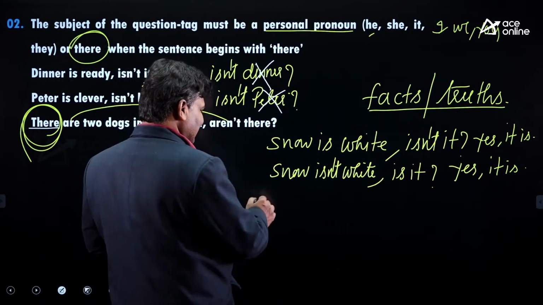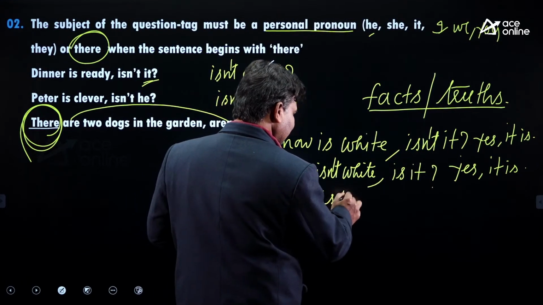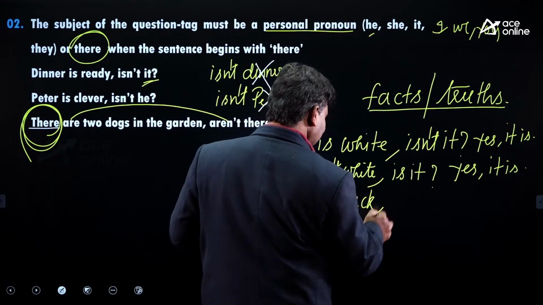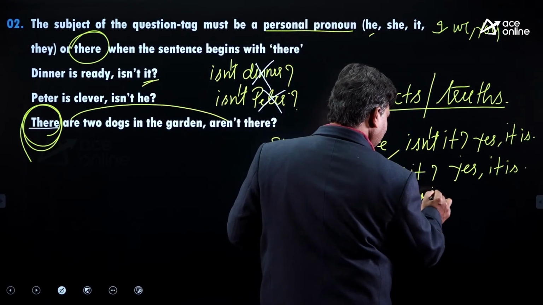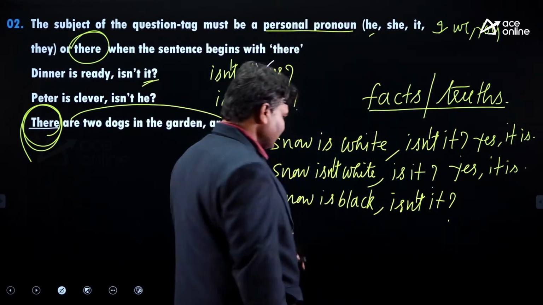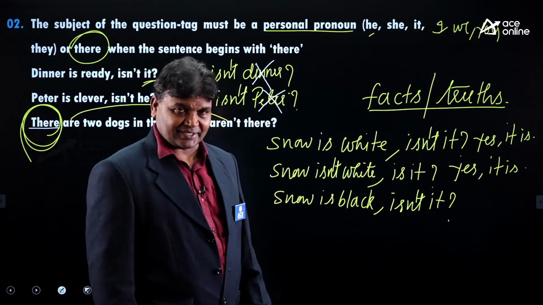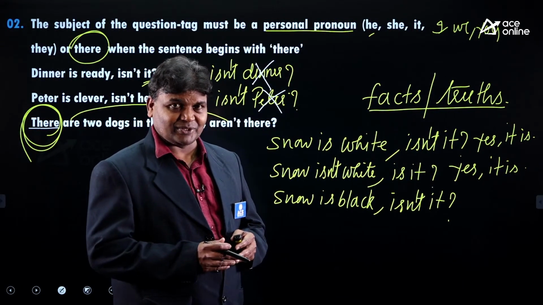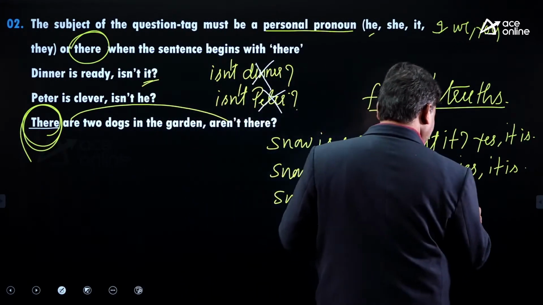Okay, supposing I say snow is black. Definitely you will give me isn't it. Snow is black, isn't it? What should be your response? Yes, it is, which means snow is black. Snow is black, isn't it?